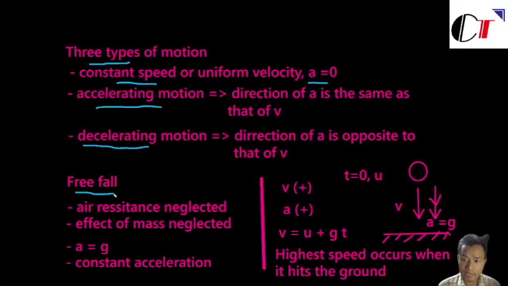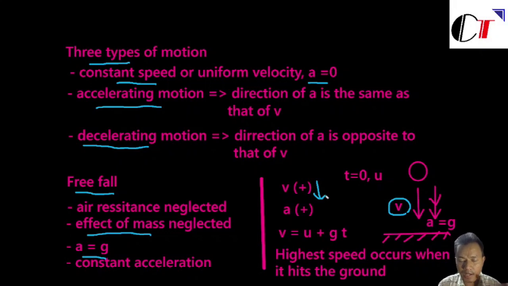And since air resistance can be neglected, the mass will disappear from both sides of Newton's second law of motion, so the effect of mass can be neglected, and the acceleration will be just equal to g. If you look at the free falling motion, your object is falling freely vertically downwards to the ground. So this means velocity, we take positive vertically downward here.